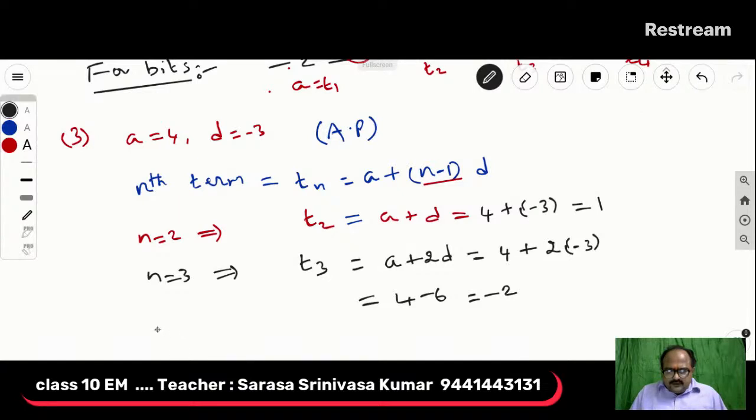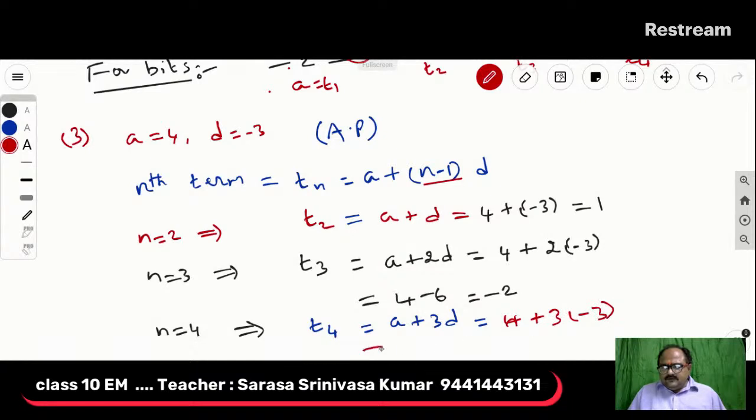And finally when n equal to 4, we get T4 equal to a plus 3d. This is equal to a is 4 plus 3 multiplied by minus 3. This is equal to 4 minus 9, that equals minus 5.